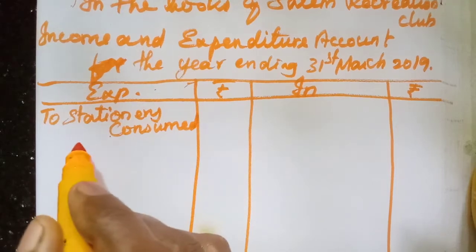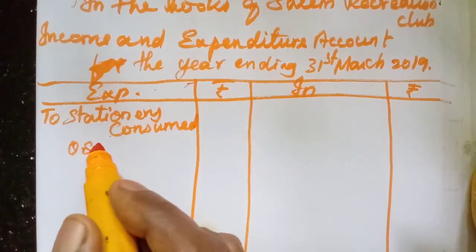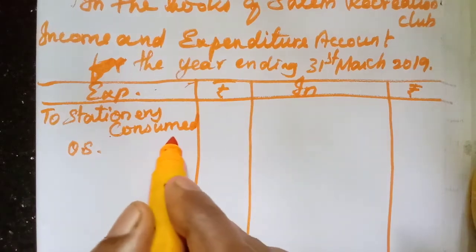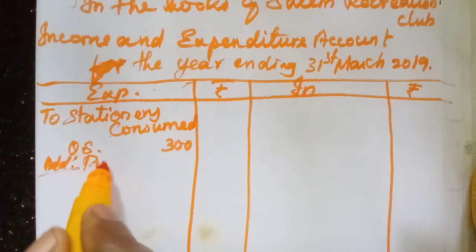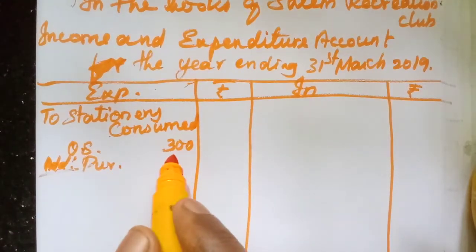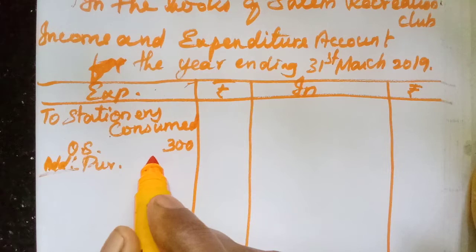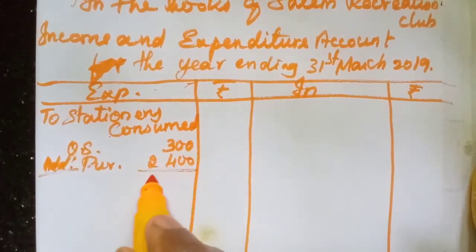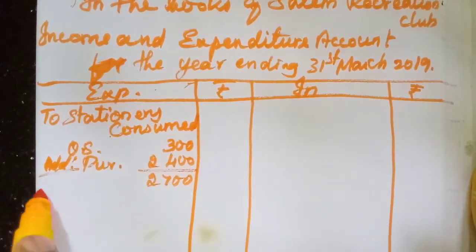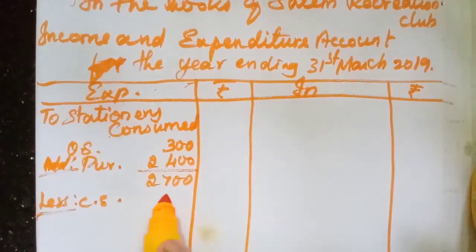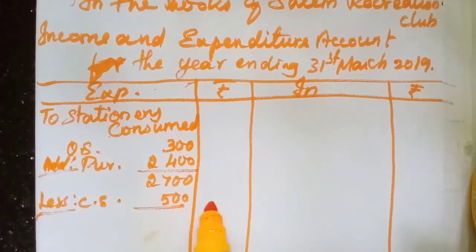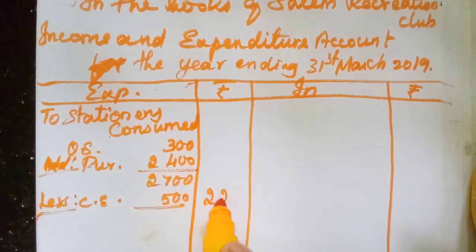Opening stock, what is the opening stock given? 300. Add purchases. Purchases of stationery in the payment side, 2,400. So 2,700. Then less closing stock. Closing stock 500. So how much will we get? 2,200. Okay, stationery over. Investment will be in the balance sheet.